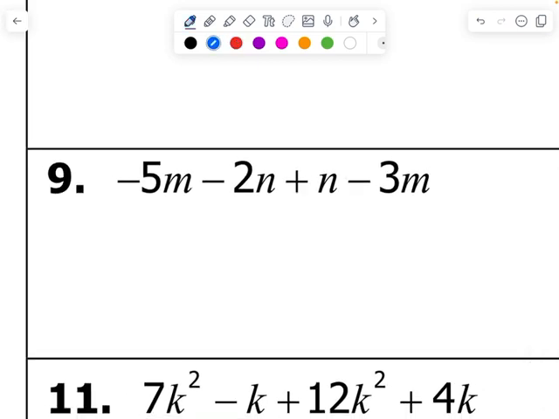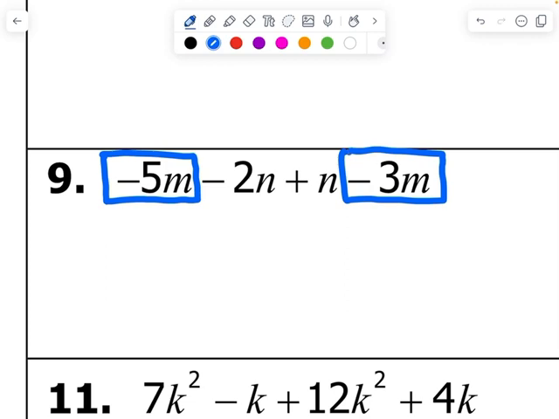Okay, so I see terms with m. Notice how I'm going to box them, including the sign in front of the number. I also have terms with n, so I'm going to circle them, including the ones with the number.